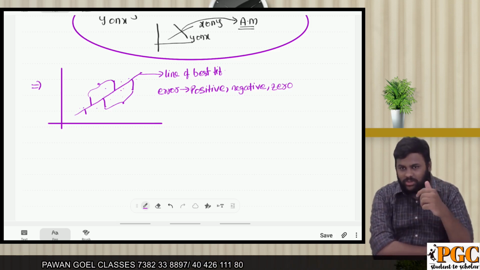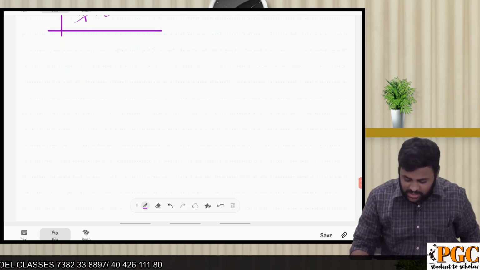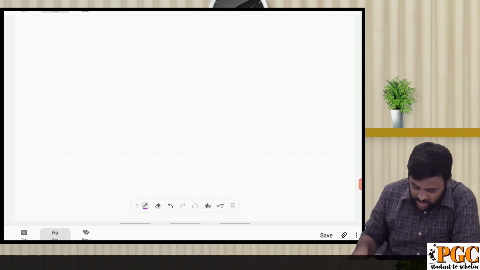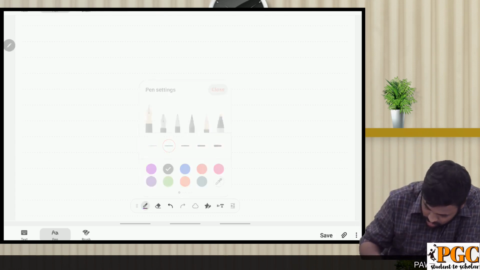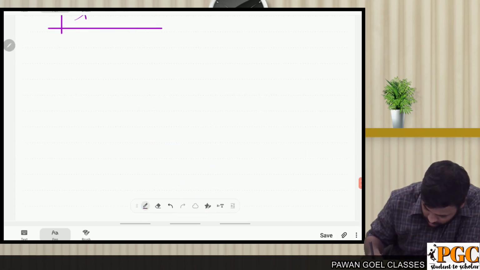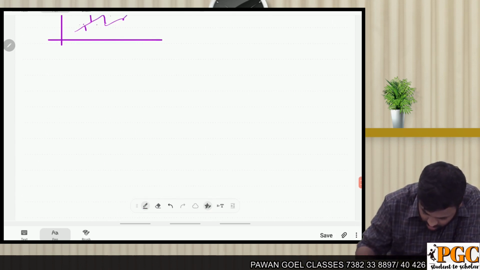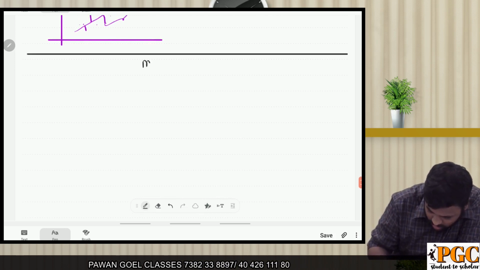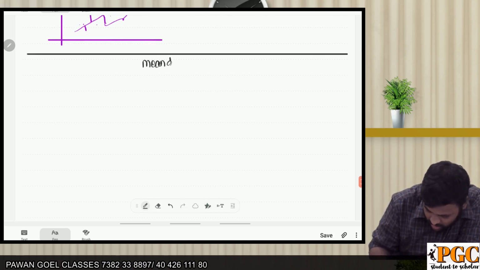Now let us go to the next method, that is the mean deviation method or concurrent deviations method. The next method is the mean deviation method, and believe me, my dear friends, this method is the most important method.